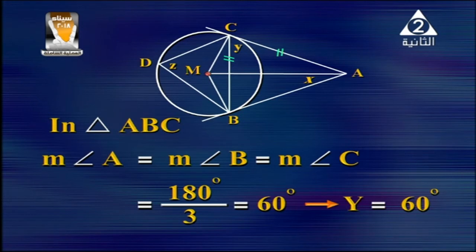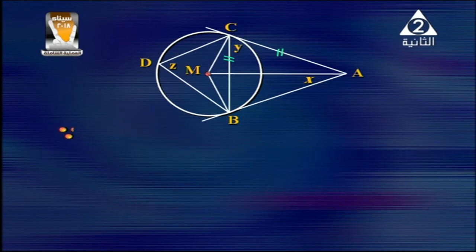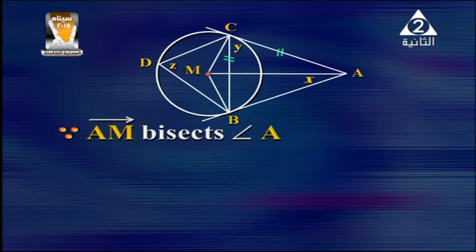Then, look carefully. What about AM? Yes, AM is the straight line segment joining a point outside the circle with its center. So this means that AM bisects angle A. So measure angle CAM equals measure angle BAM.